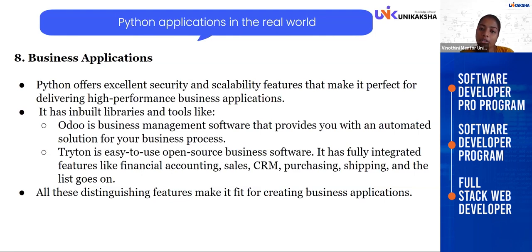Those kinds of concepts, and financial accounting, sales, will be taken care of by Tryton and Odoo. This will be implemented in Python, so take note of that as well. This is what business applications help with. For real-time business, Python helps in this manner.